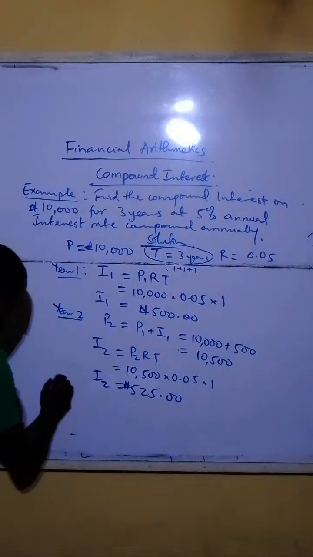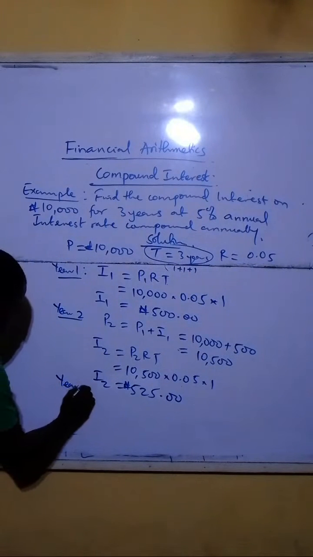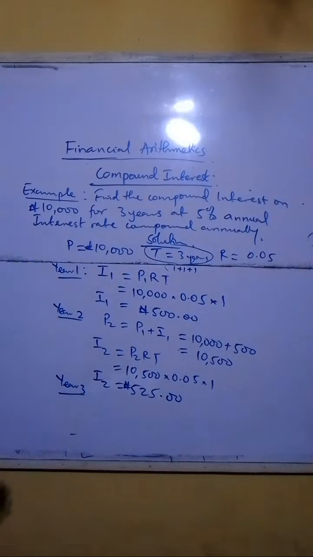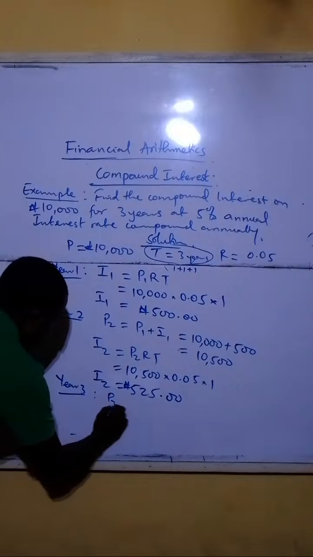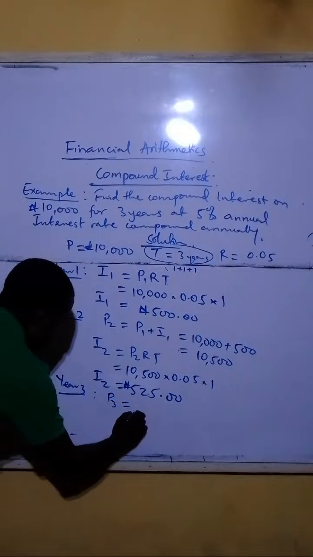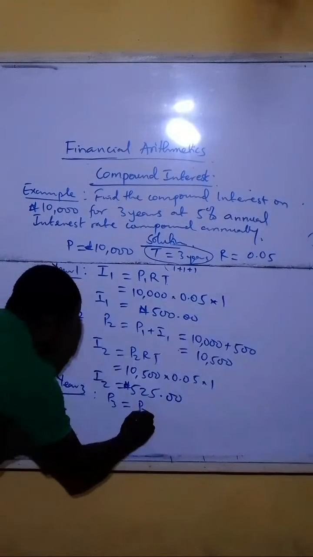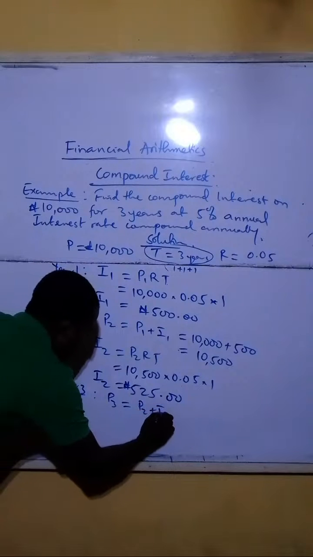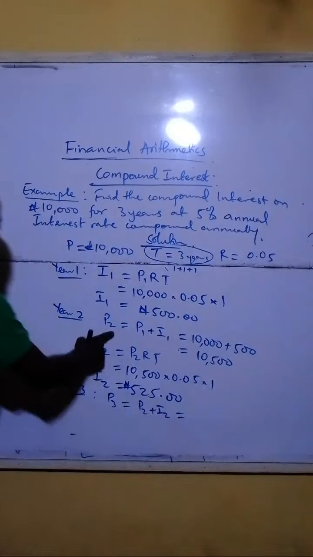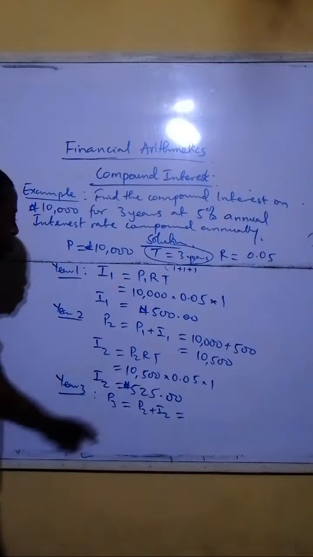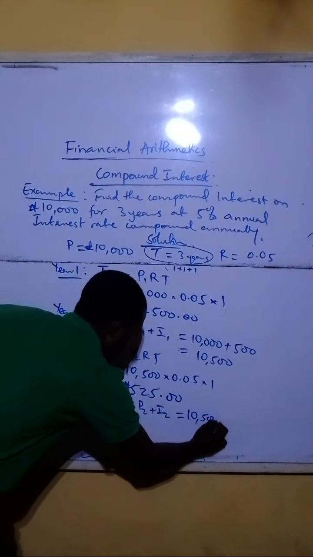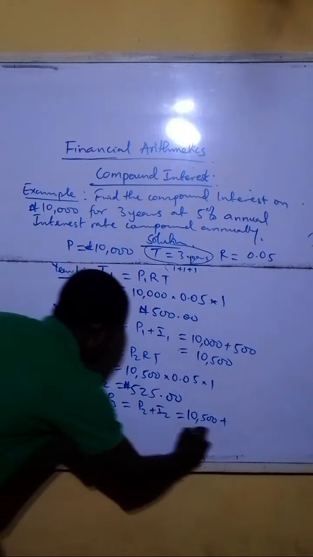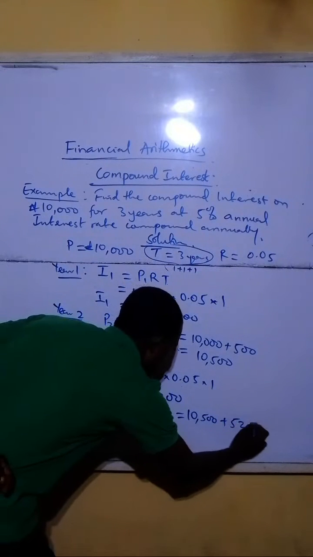Then for year 3, the final year, we are to get P3. P3 will be P2 plus I2, the principal for year 2 plus the interest for year 2. So principal for year 2, that's 10,500, plus the interest for year 2, that's 525 naira.